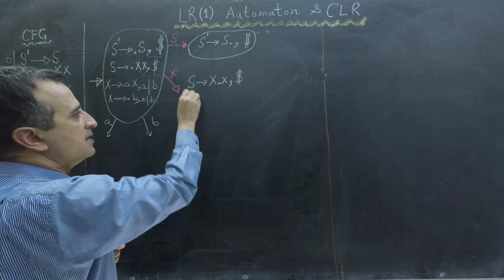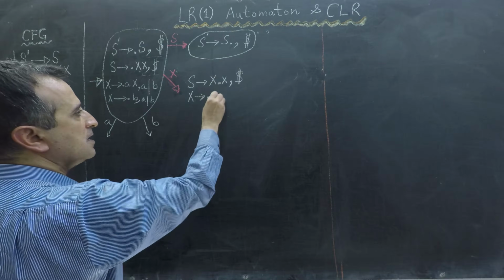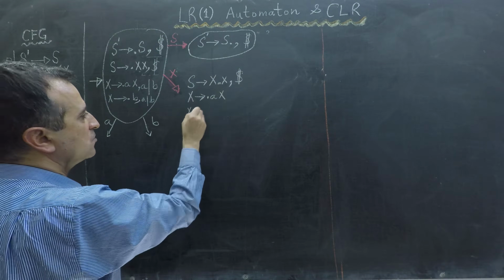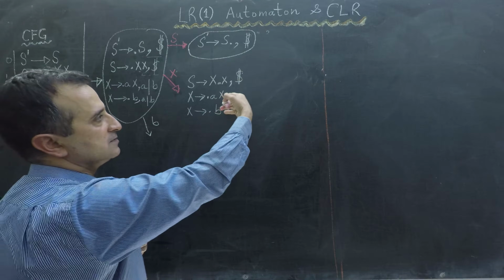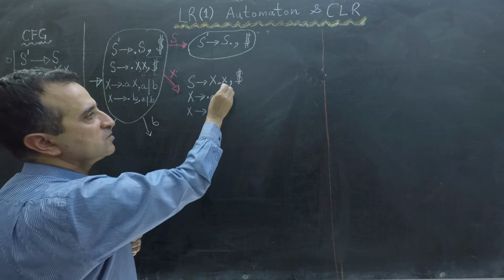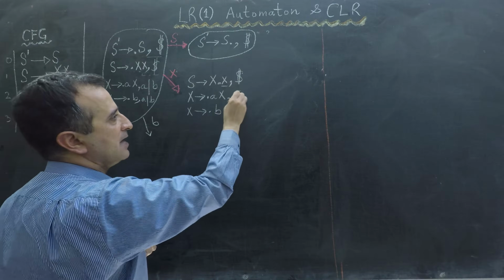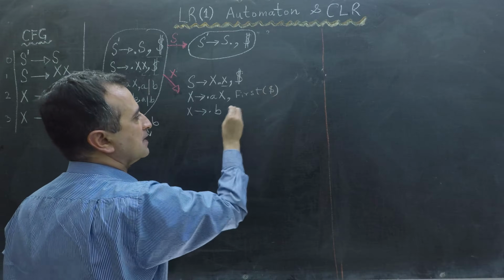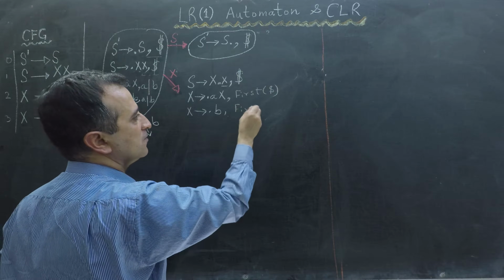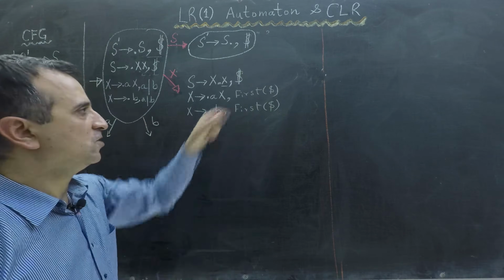So I will add here X goes to dot AX and X goes to dot B, because these two projections are added here because of this X. After this X I have $sign. I will add here first of $sign, and we know that first of $sign is equal to $sign.